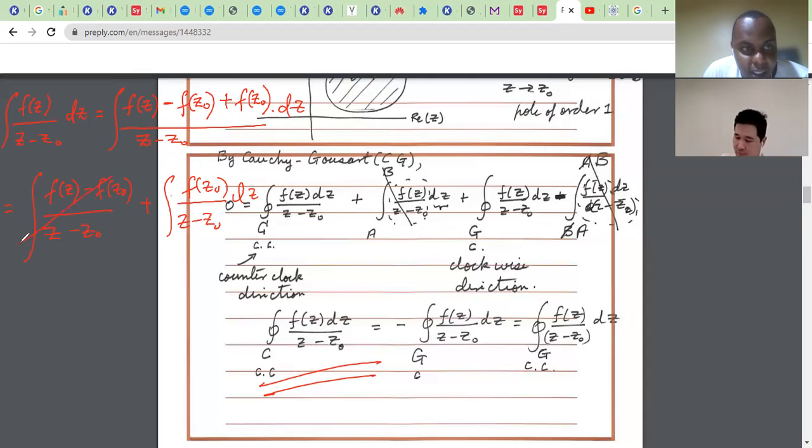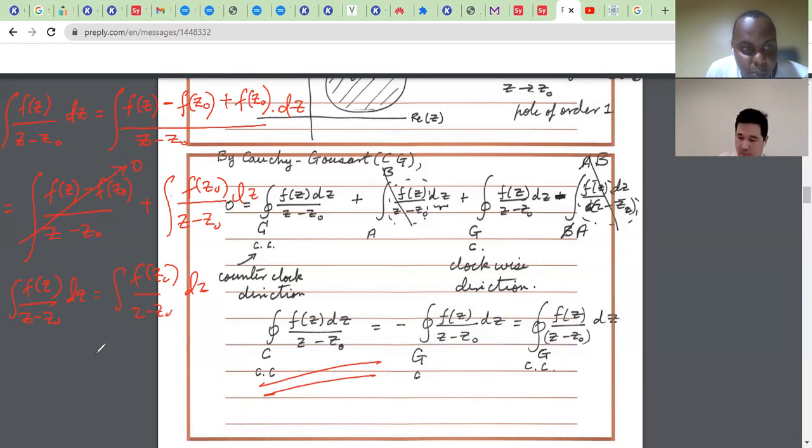At this point, the first one becomes 0 because it's an analytic function. We can see clearly that this is the definition of a derivative. Okay, yes, I agree. So the integral of f(z) divided by z minus z naught dz equals the integral of f(z naught) divided by z minus z naught dz.